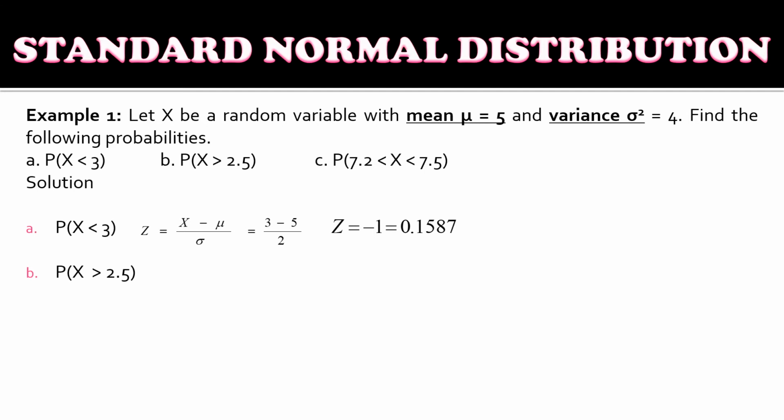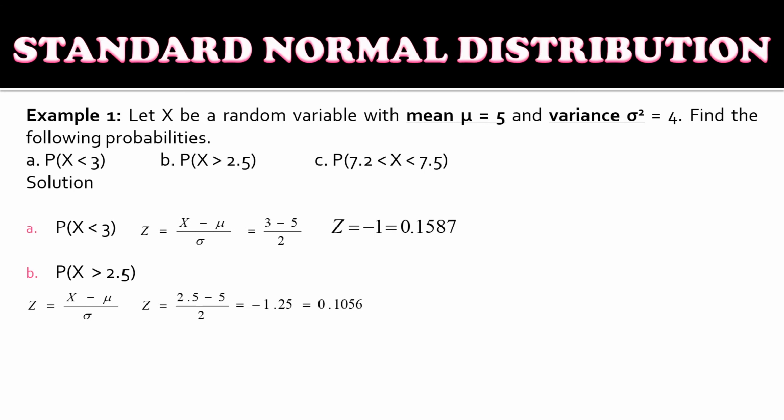Next we have letter B, probability of x is greater than 2.5. We'll use the same formula and just substitute. So 2.5 minus 5 divided by 2 is negative 1.25, which is 0.1056 if we look it up on the z-table.